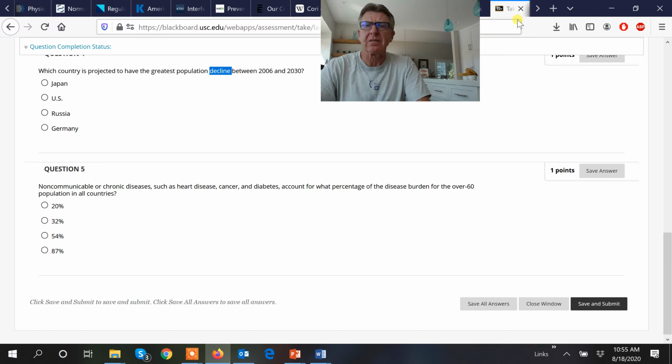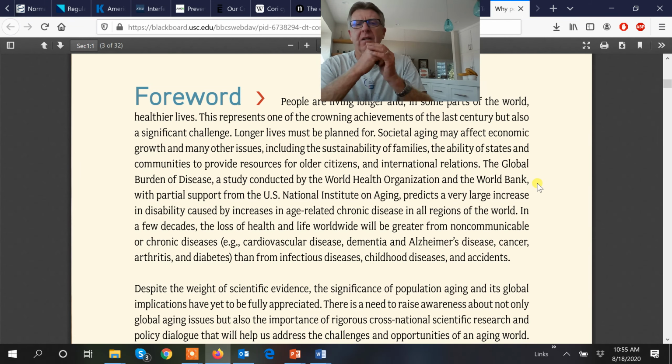And the cool thing about this particular chapter, I'm going to go back here to this reading, is it gives you a true feel of what's going on globally, because a lot of you, that's your future. You're going to be advising people in other countries how to maximize their economic well-being, and a big part of that is managing their aging population, because it can be a financial burden, but you can also look at it as a financial opportunity.